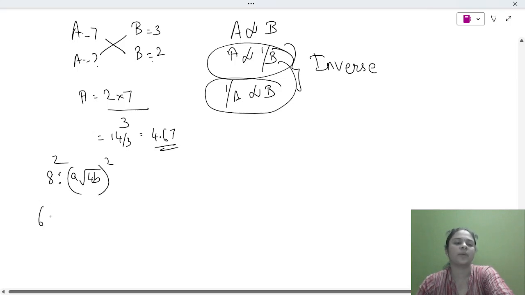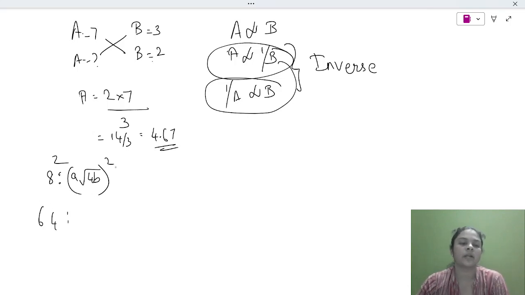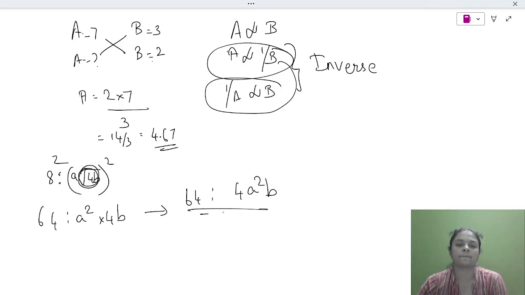You will get 8 square is 64 is to, now a squared will become a square, and the value inside the root will get removed. So a square into 4b. So answer will be 64 is to 4a square b.